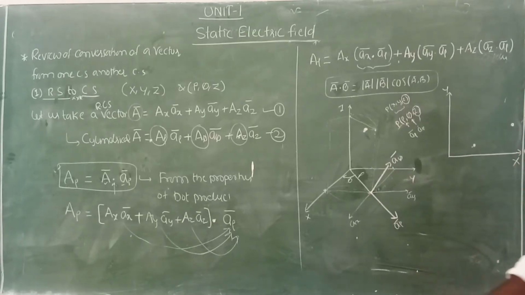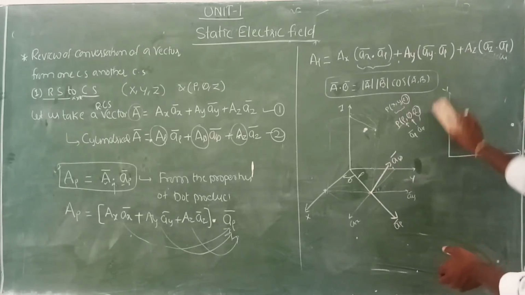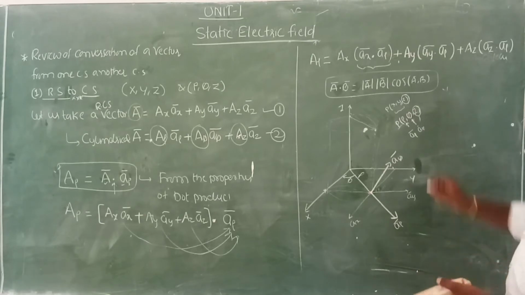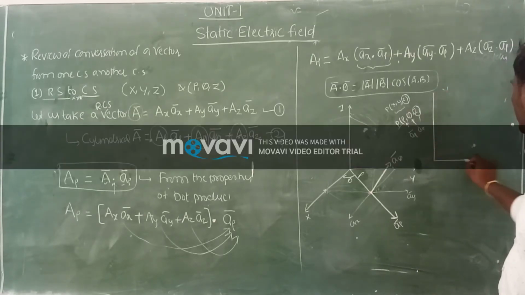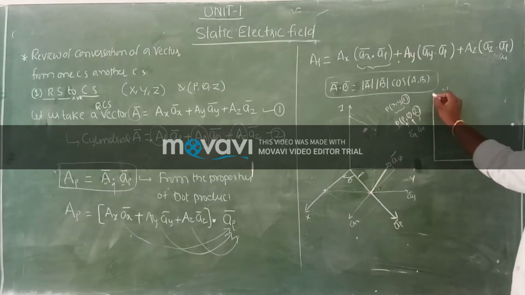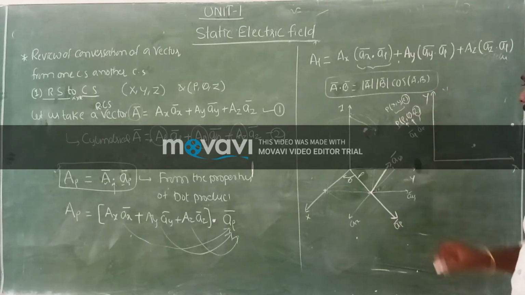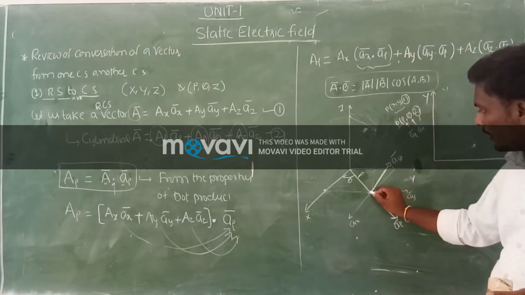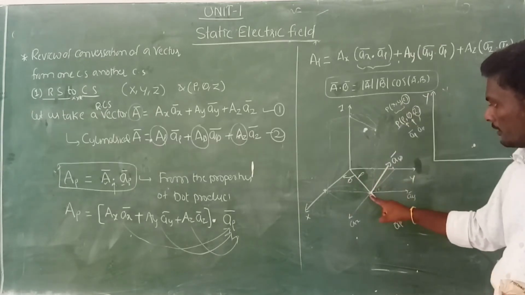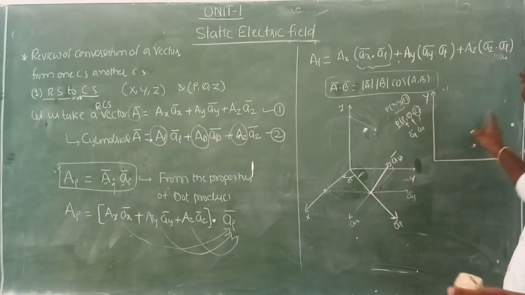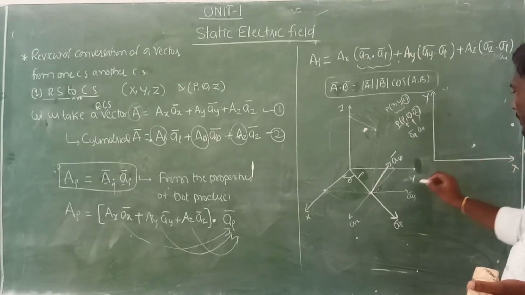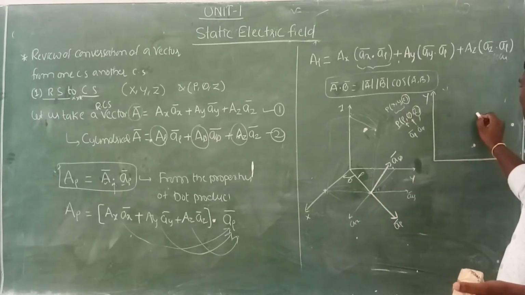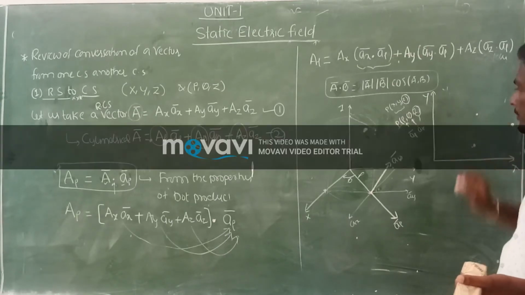Now, the x axis and y axis. See, the same point in the xy plane from this diagram, I am representing here. Let us consider the point is in this location.